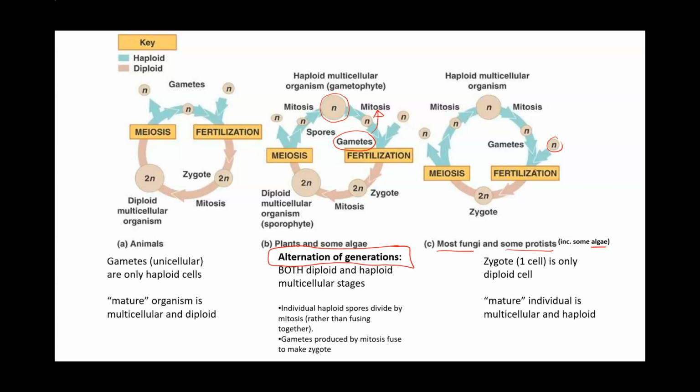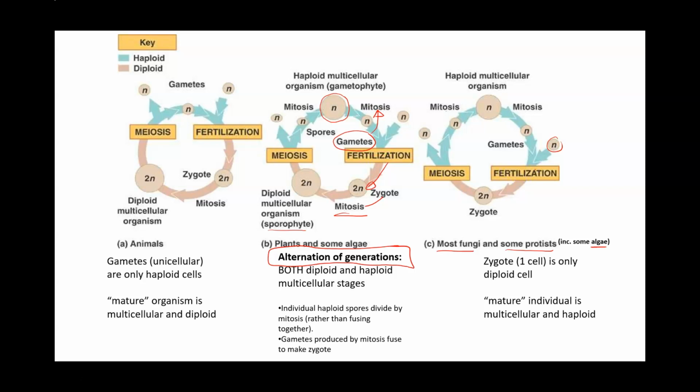The gametes will fuse together through the process of fertilization, therefore making a diploid zygote, which will divide by mitosis to make the multicellular diploid phase of its life, known as the sporophyte.